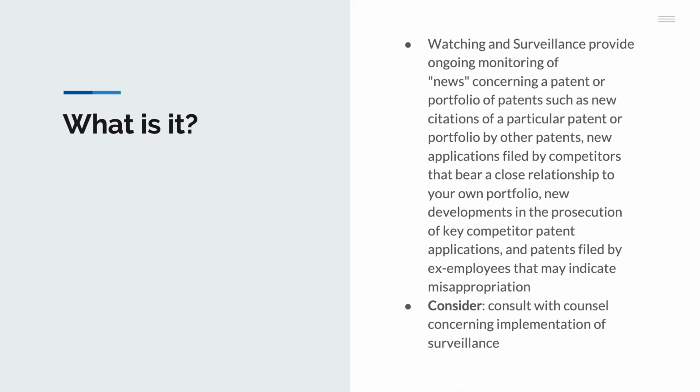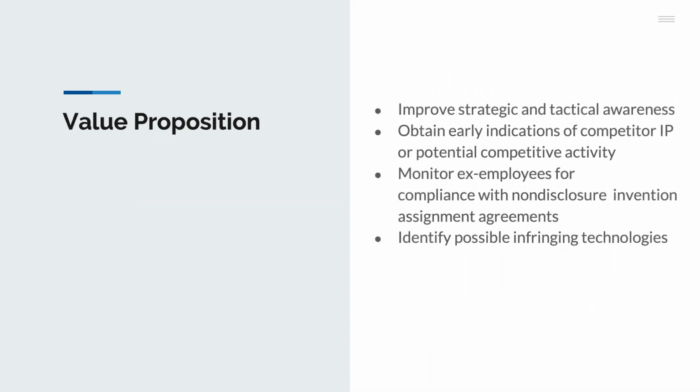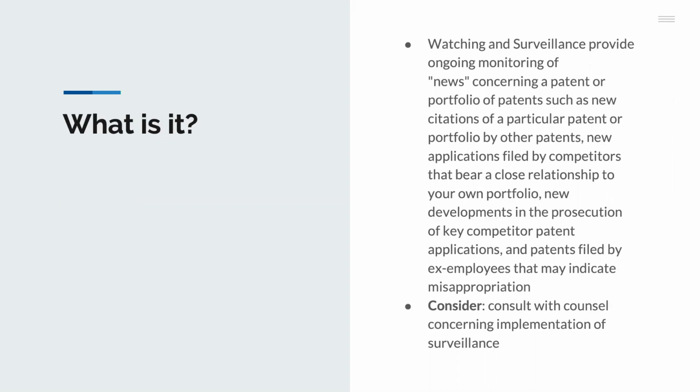Go ahead, Janelle. Thank you, Steve. Yes, that is correct. Be careful with watching and surveillance. It can be an extremely valuable tool, but consult with your counsel concerning any programs that you set up. What is it?